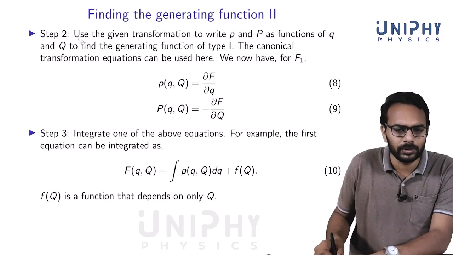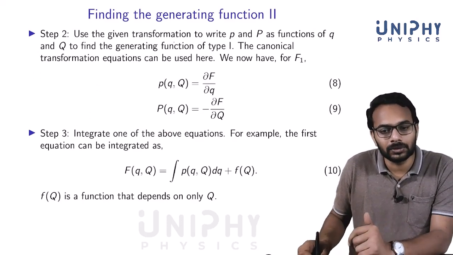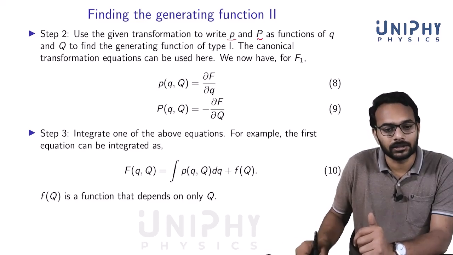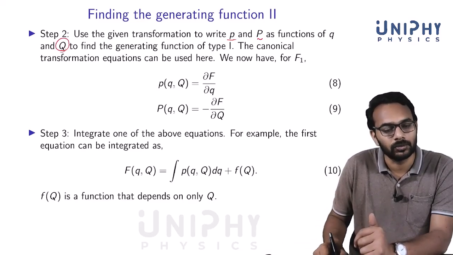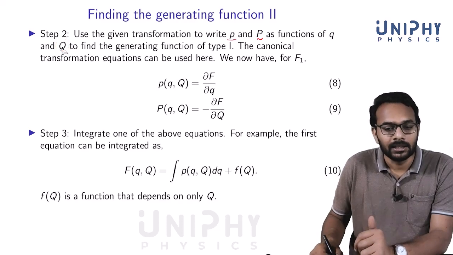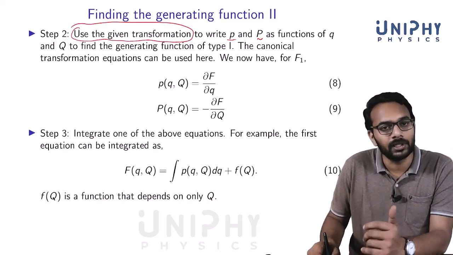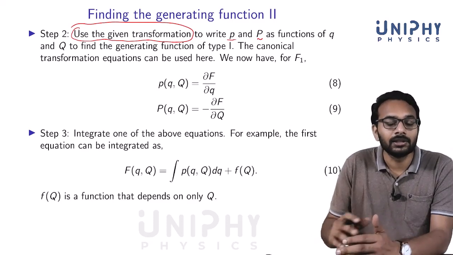What do we do next? The next step is to use the given transformation to write small p and capital P as functions of small q and capital Q. We assume that in the question a particular transformation will be given, so we can play around with that.